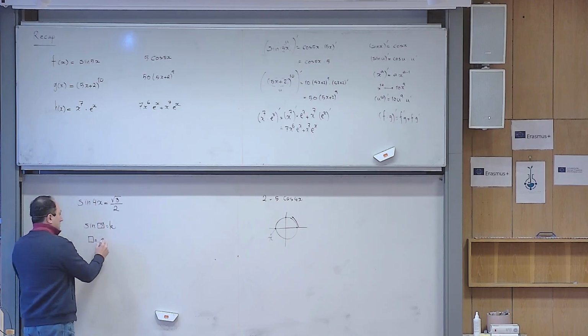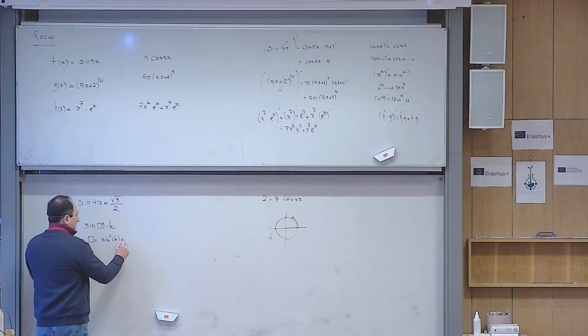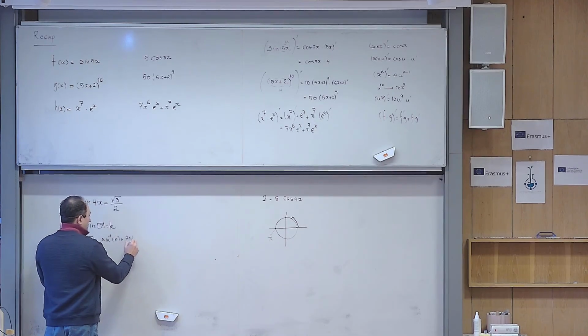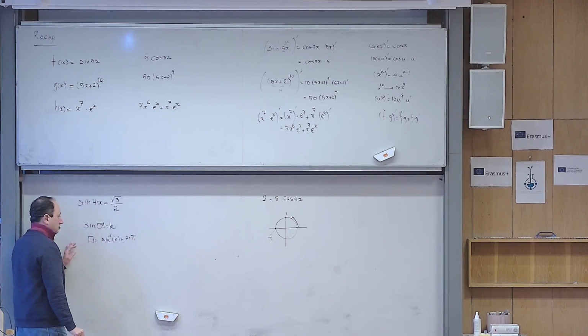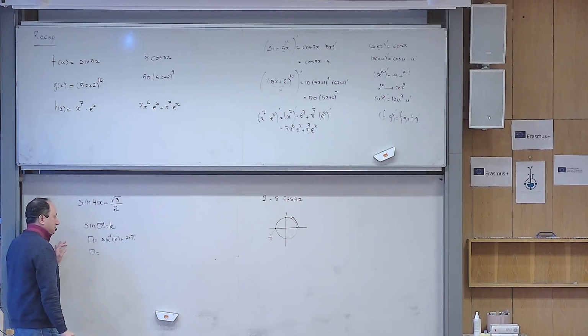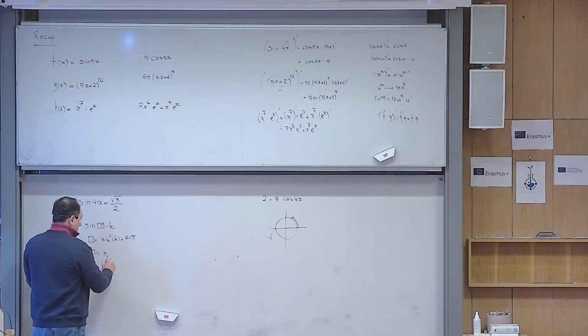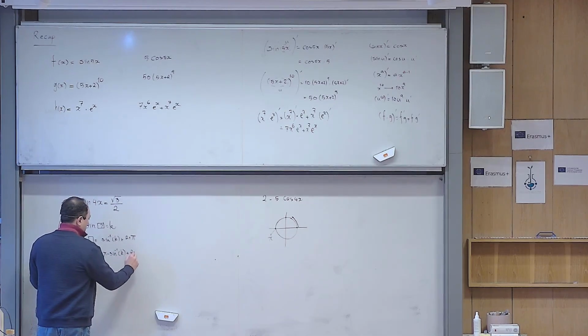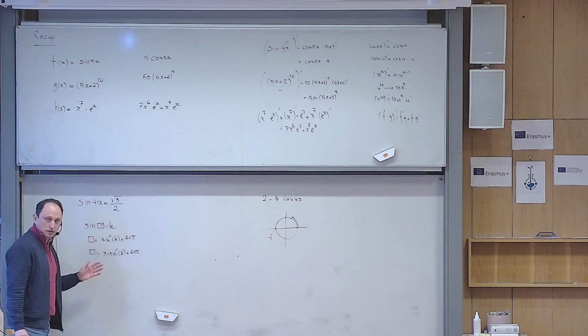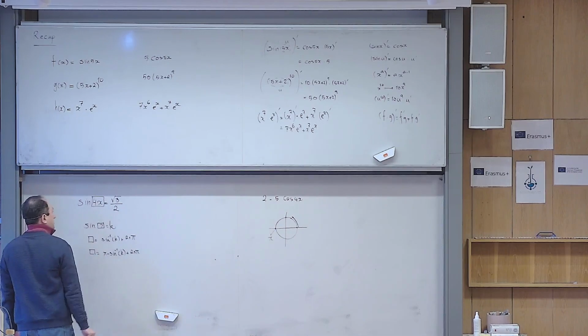Either sine inverse of k plus 2n pi, if I want to write it in radians. Or another option is what? Do you remember? 180 degrees, which of course in radians is pi minus the same number, plus 2n pi. So these are the options that you have. What you do, you give the role of the box to this one.